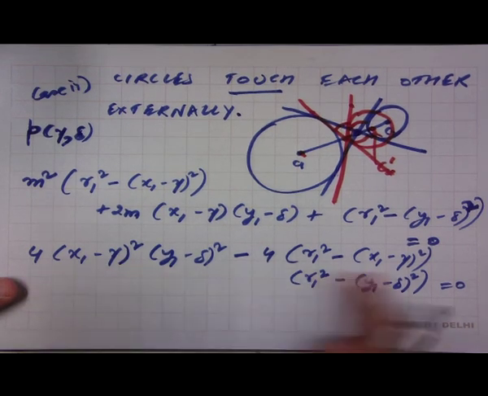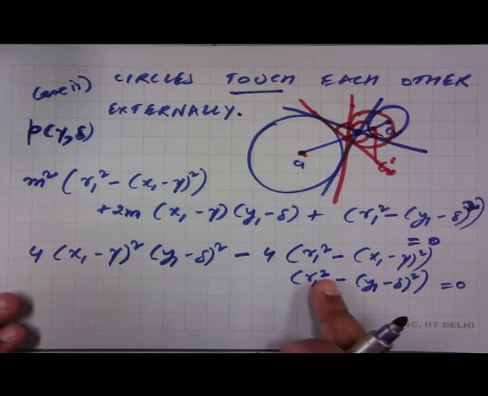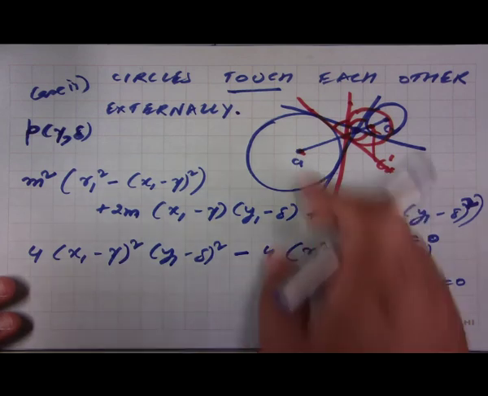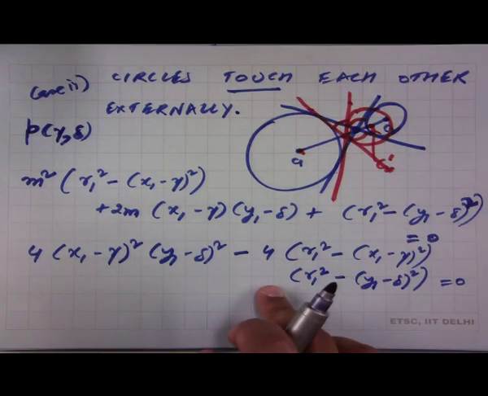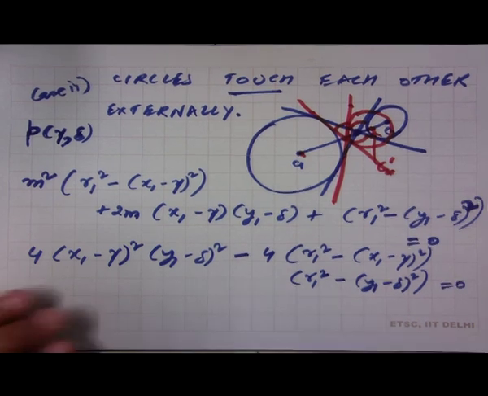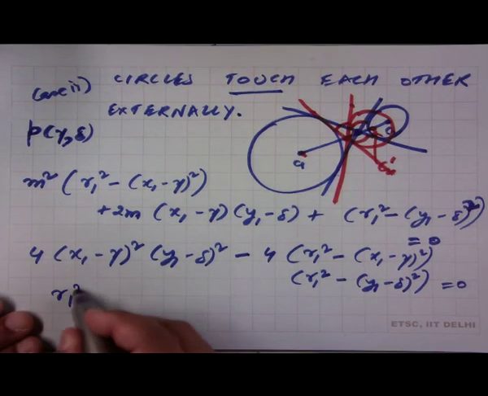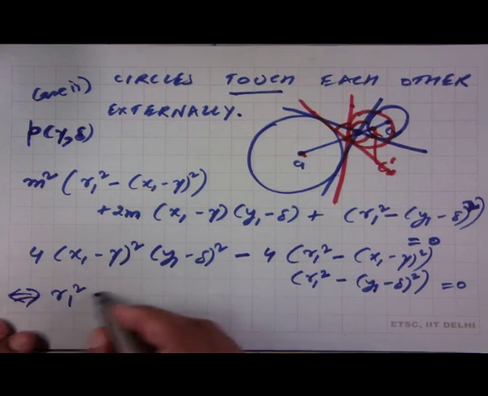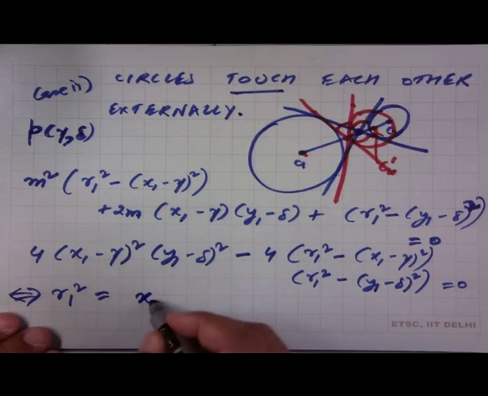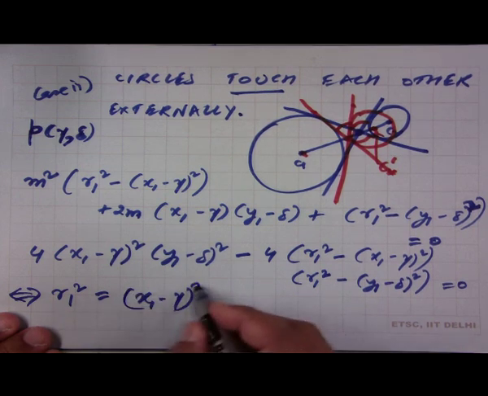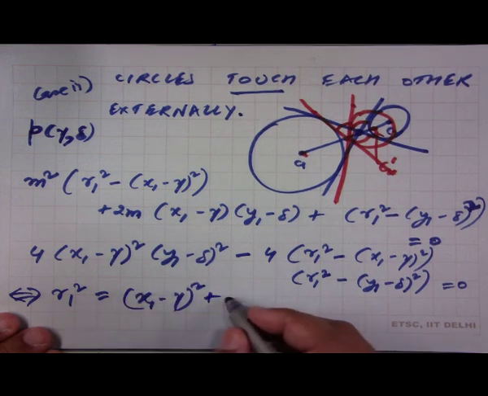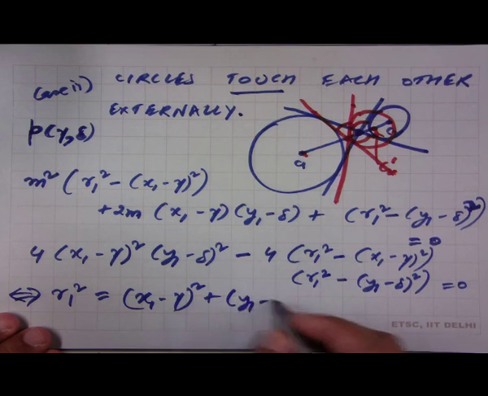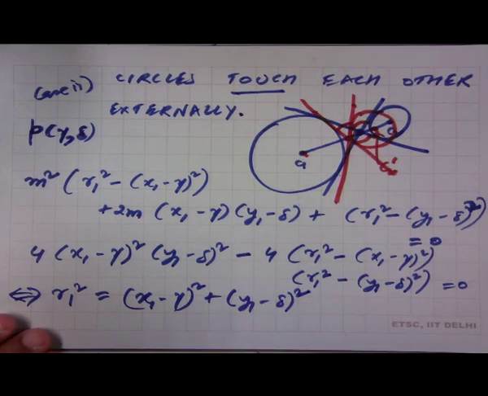But if we simplify this further, because the radius of the first circle is not 0, we will get r1 square. So, this condition is the same as the condition that r1 square is x1 minus gamma whole square plus y1 minus delta whole square.